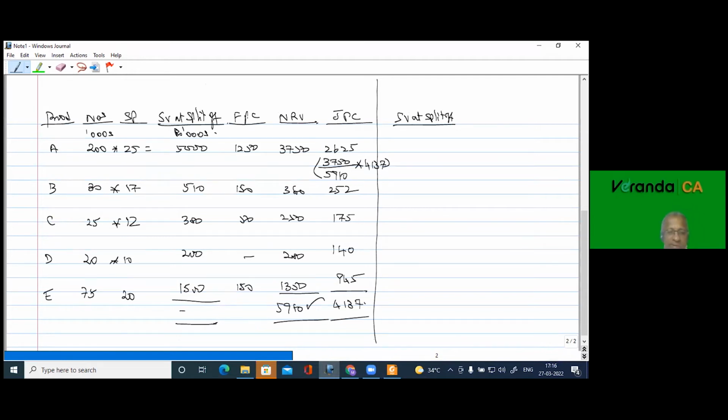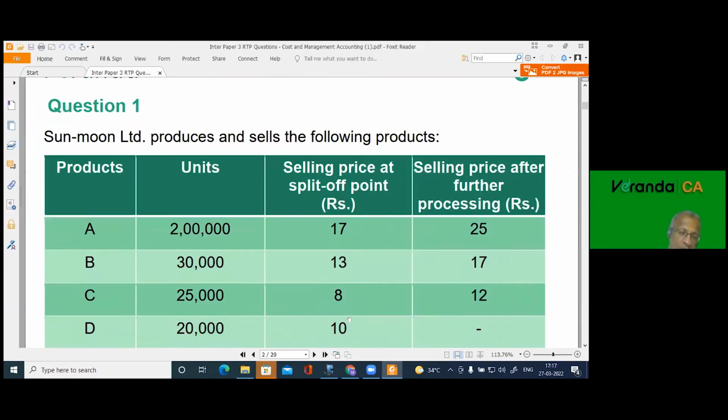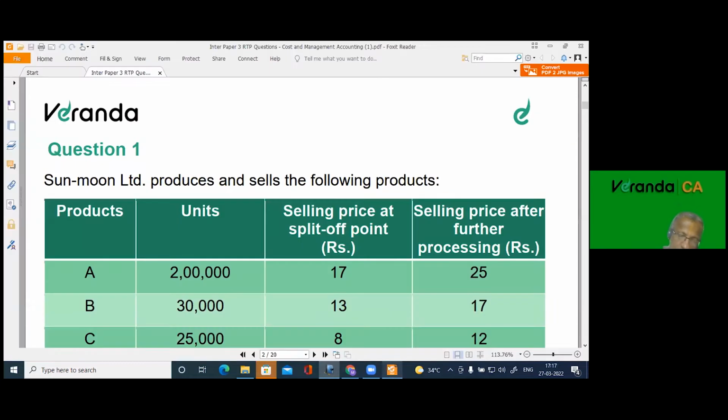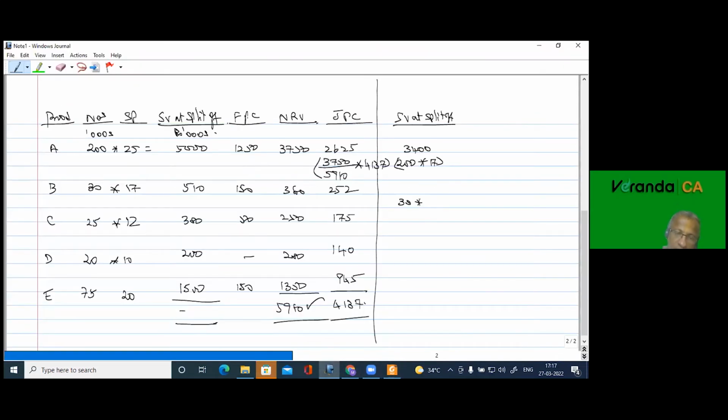But what is your sale value at split off point? So 200 into your selling price of 17 is 3400. Then 30 into 30 is 390.